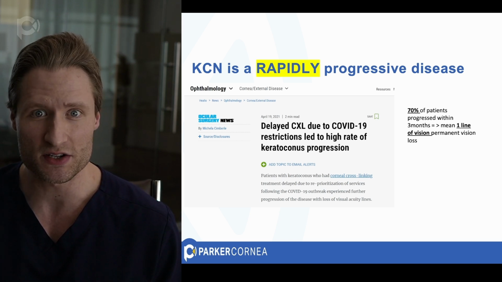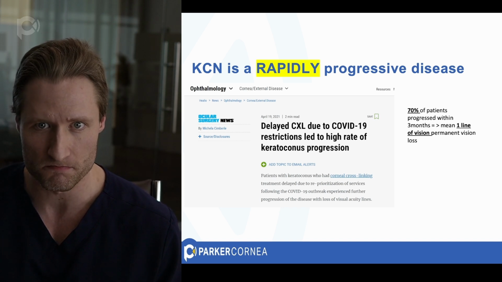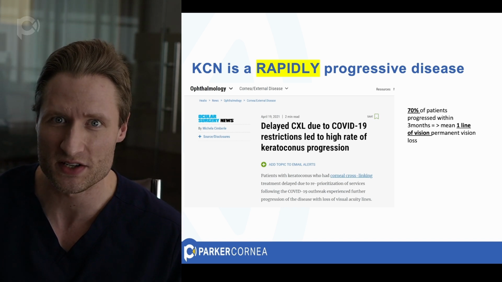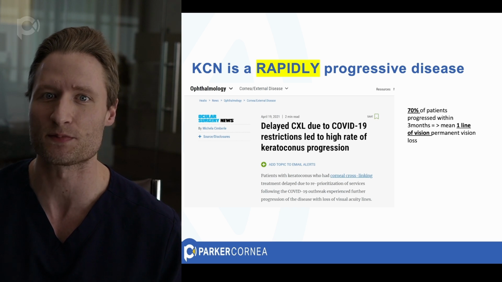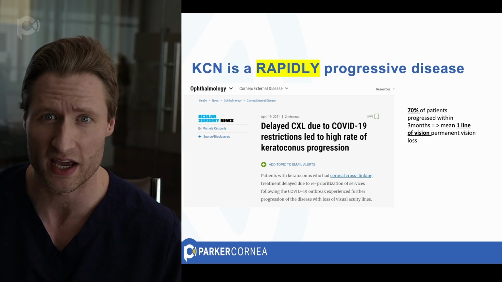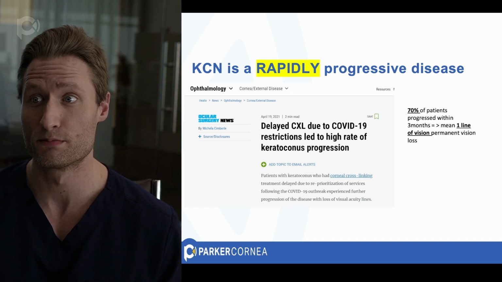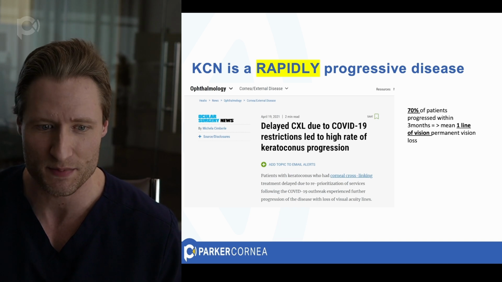And for 3 months, those patients who would have been cross-linked sat at home. Then after 3 months, things start to open up again. The hospital starts opening its doors to non-emergency cases. And these patients who were going to be cross-linked but weren't came back in to see the ophthalmologist.